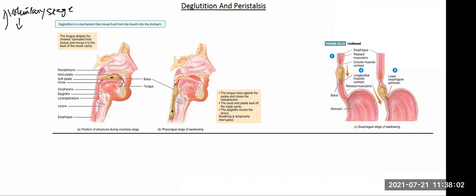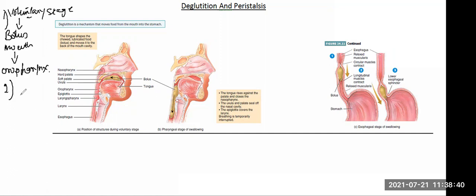The oropharynx is a part of the pharynx. Like we discussed, the pharynx has three parts: nasopharynx, oropharynx, and laryngopharynx, and the laryngopharynx and oropharynx are involved in digestion. So from now onwards, let's call it bolus. Your bolus will move from the mouth to your oropharynx, and this is your voluntary stage.